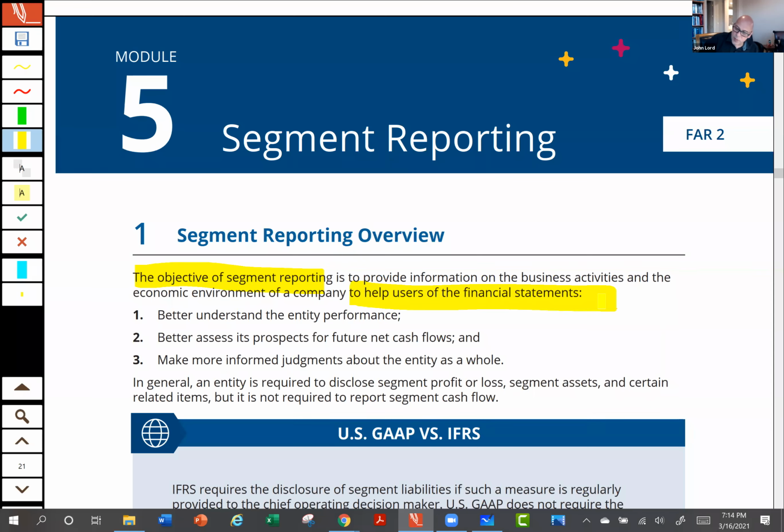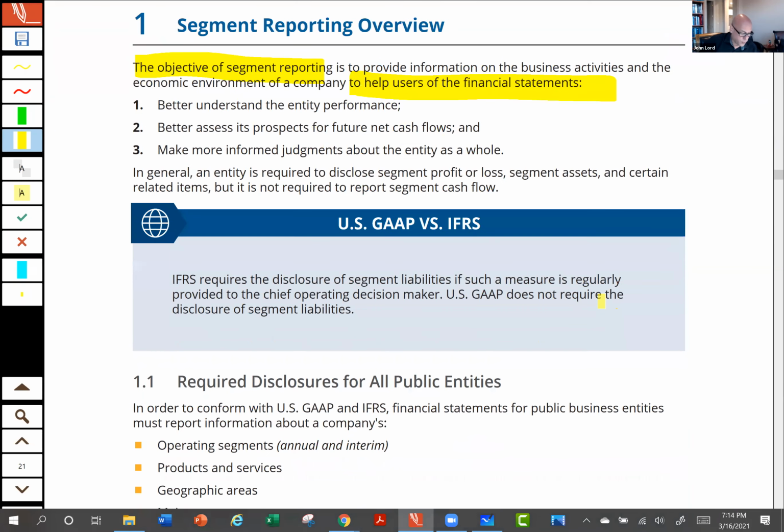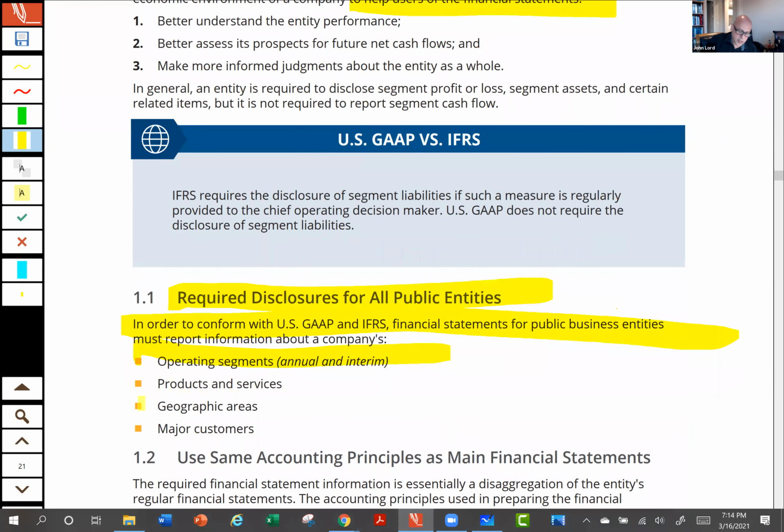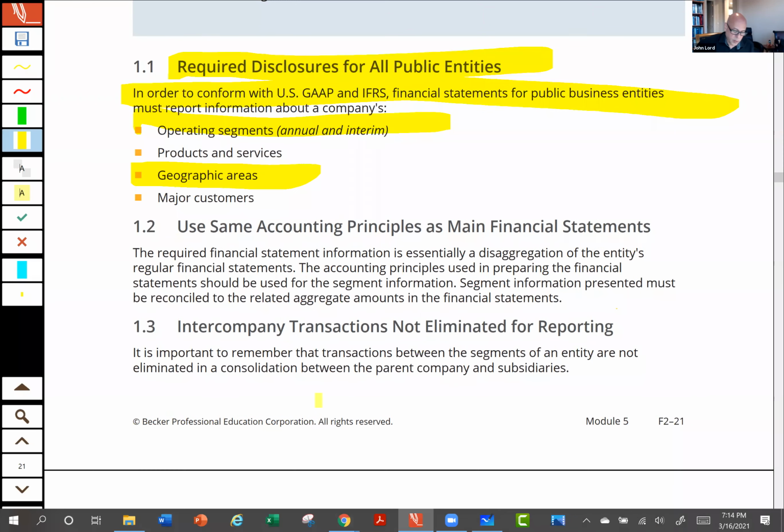Okay. Now, this is something that is required for public companies. Okay. So public companies have to provide this information, and they have to provide segment information about operating segments, geographic segments. There's no qualitative description of what you have to provide these for. It is more of a size thing. Now I say there's no qualitative. There is, well, let me point out a couple things here.